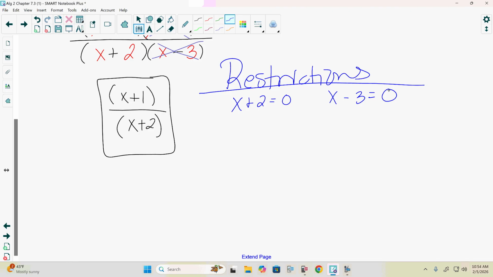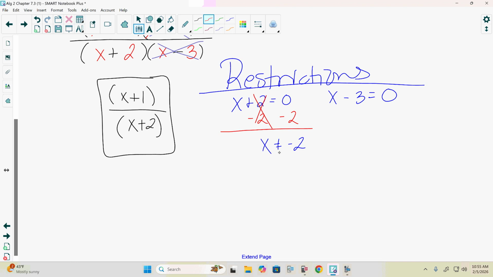So with our x plus 2, to see what value of x would make this be 0, we just need to get x by itself. And to do that, we're going to what? Subtract 2 from both sides. Our positive 2 minus 2 would be 0, leaving x by itself, telling us that if x is equal to negative 2, we have a division by 0. It does not work.